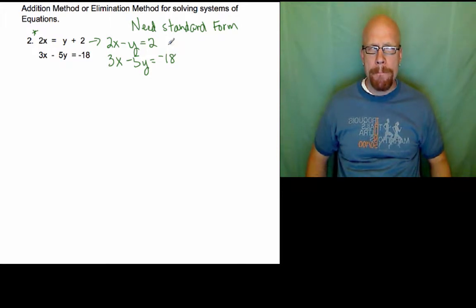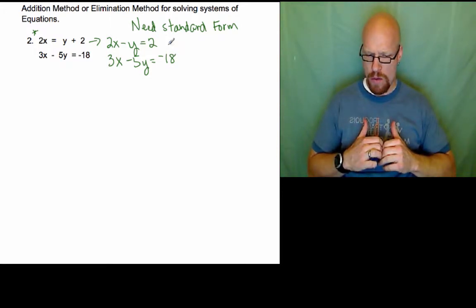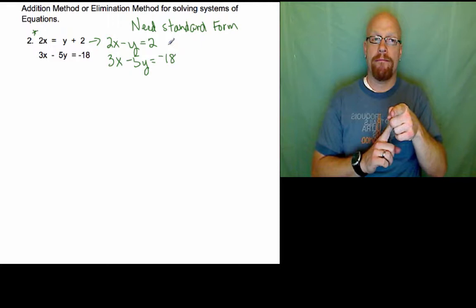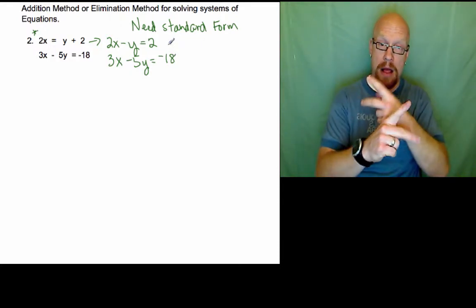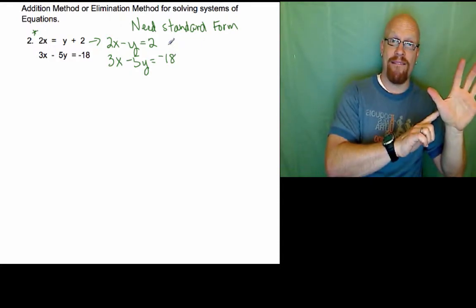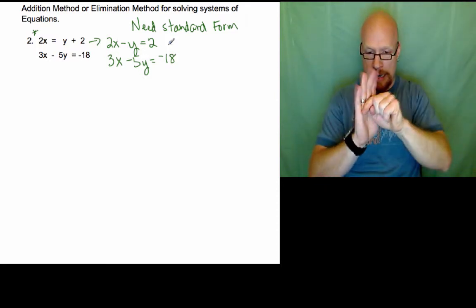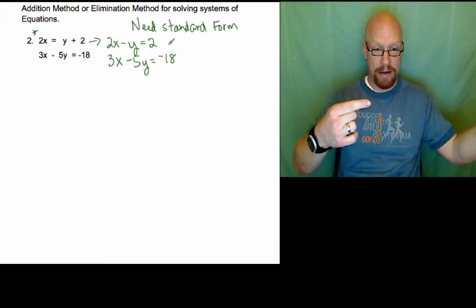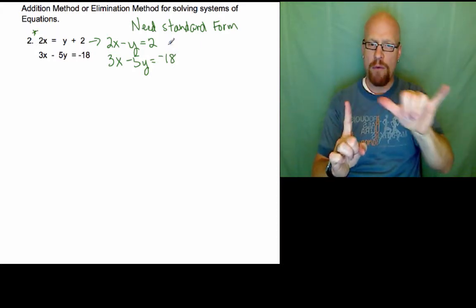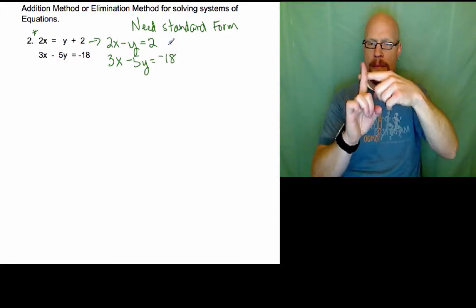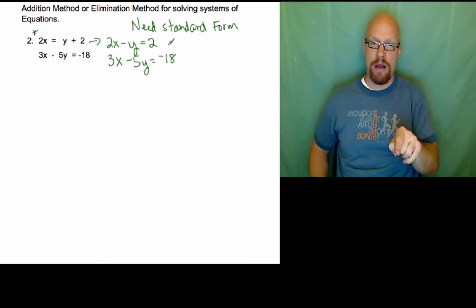I need a positive 5y. Well, if I multiply it by a negative 5, so that means it's negative 5 times negative y, and it'll be positive 5y, and then we'll be able to eliminate the y variable.